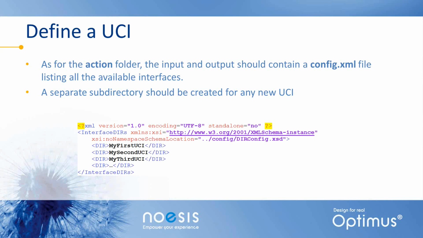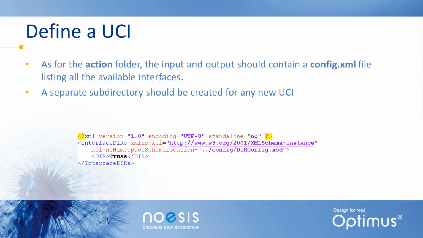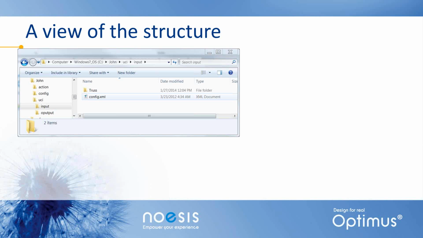If we start with the input, we can recognize a very similar structure to the one we have defined for the UCA. Again, for the UCI, you have a first level in which you just list all the available UCI that you have defined for Optimus. And then again, in our case, we have our directory truss.